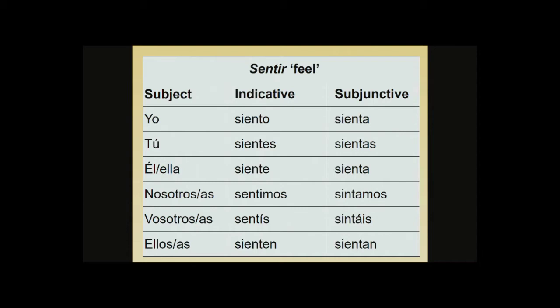So the main thing is to focus on verbs like sentir and medir, because those with an underlying E are by far the most common. So I think that's covered everything. Is all of that clear? Any questions about any of that?